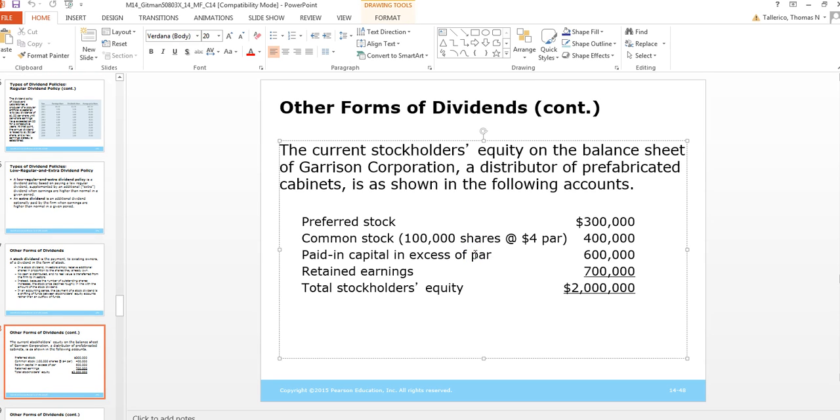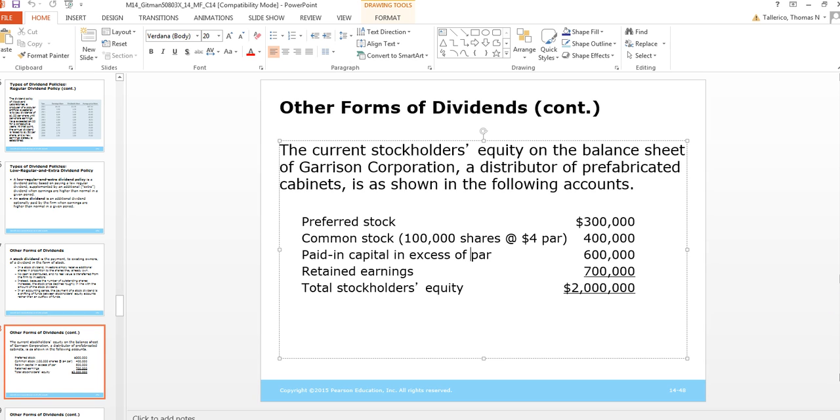That is how much the stock has gone up above and beyond the book value. And so these total make up the actual value of the stock. Here's the retained earnings that was not paid out in dividends to the shareholders. So this is the total stockholders' equity when you add all these up, right? This all adds up to $2 million. And this will appear on the right side of the balance sheet under the liabilities.